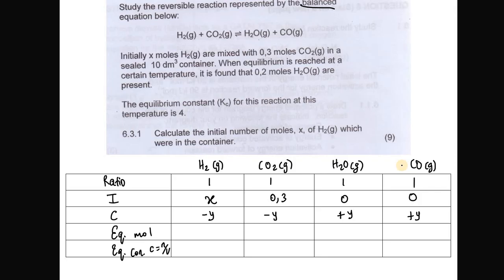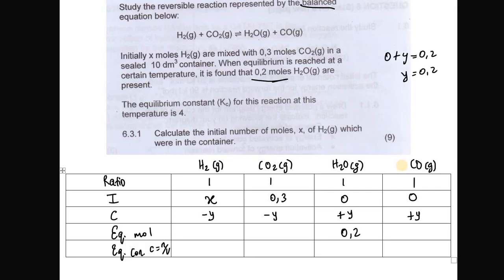Now we are told that at equilibrium there is 0.2 moles of water. So that means here we put 0.2. Then you should be happy because you have your ICE table there. So 0 plus y gives me 0.2, guys. This means that our y is 0.2.